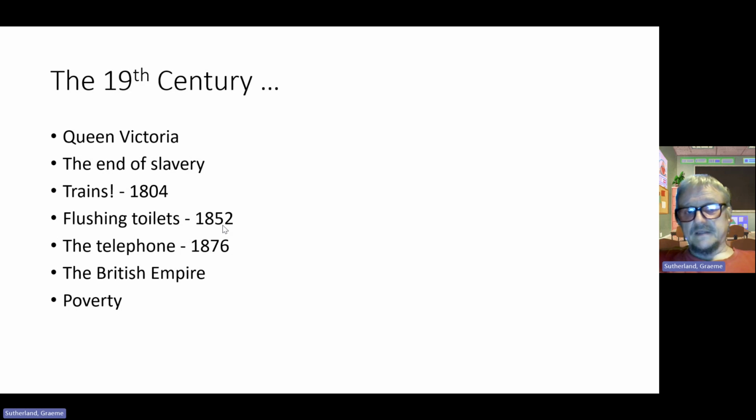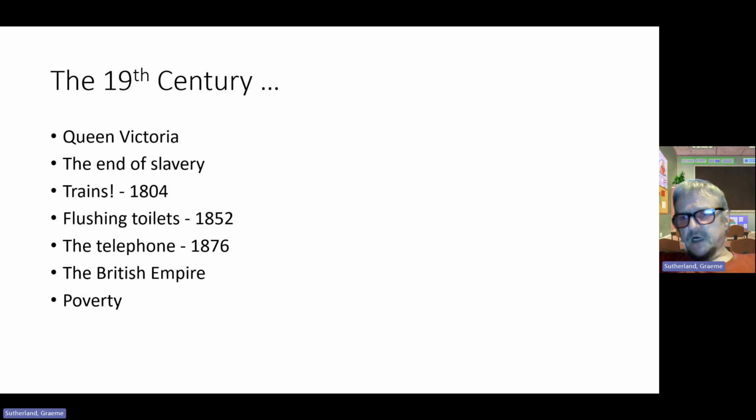Flushing toilets came in the middle of the century, and who was the first person to use a flushing toilet? It was Queen Victoria, of course, and she had a gold-plated lavatory in her private home on the Isle of Wight.